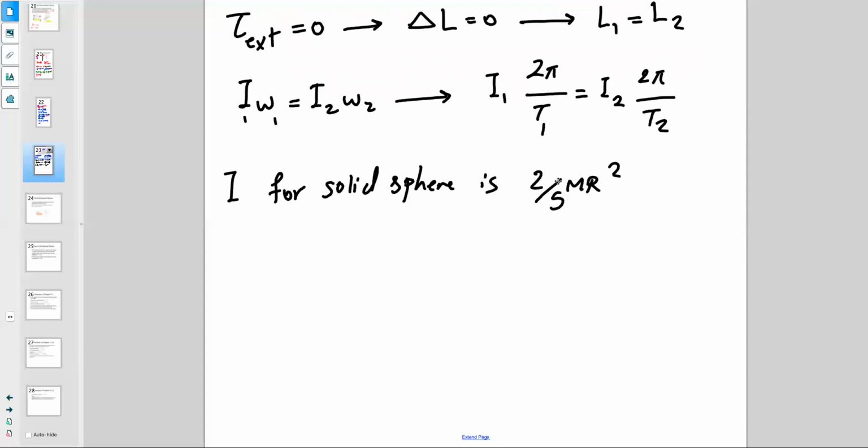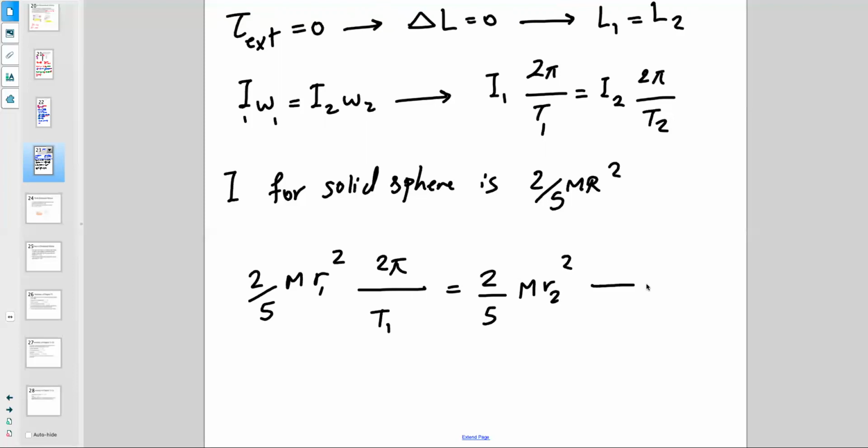So now I have to put this in our equation. So I have 2 over 5 m r, which is the radius, 2 over 5 m r1 squared. That's what I have right there as I. 2 pi over T1 being equal to 2 over 5 m r2 squared 2 pi over T2.